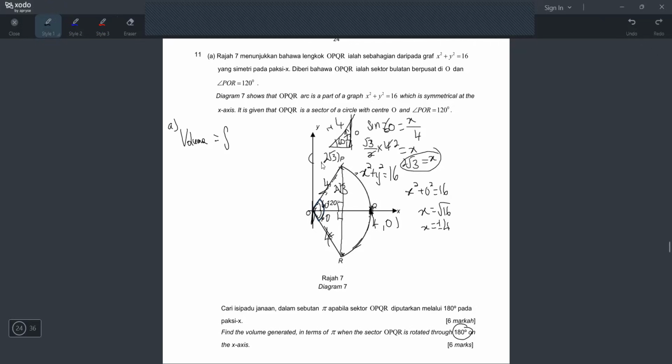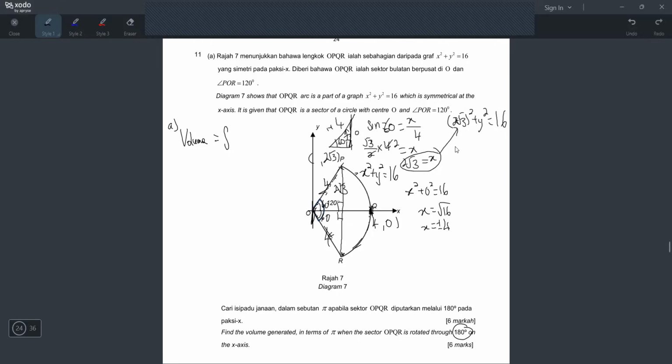But the x coordinate, I don't know. I can find it actually, but will it be useful? No, because we will integrate. Wait, actually, I need to find it. Yeah, so let's substitute into this equation: x square plus y square equals 16, and my y is 2 square root 3.